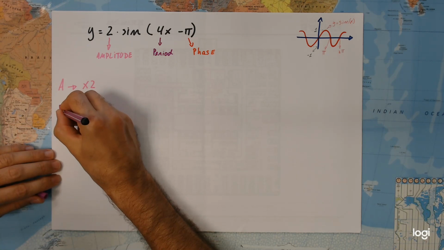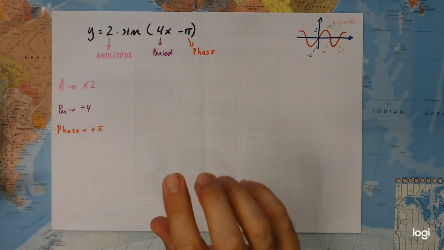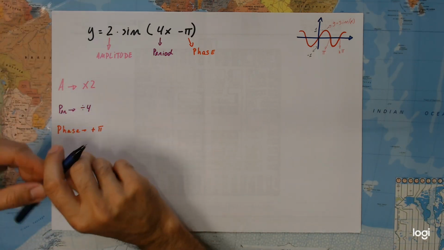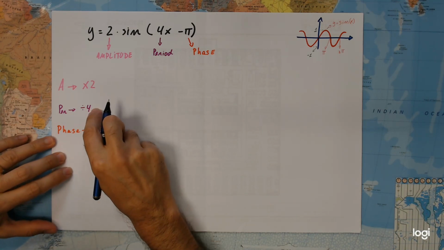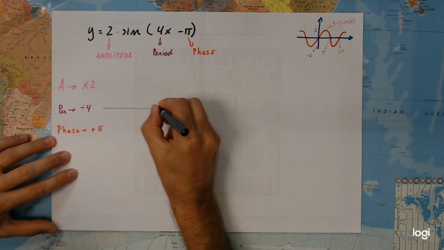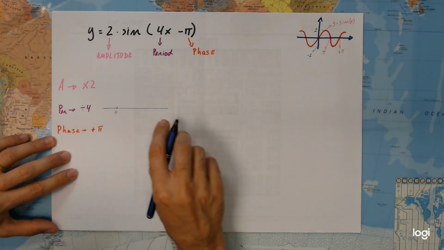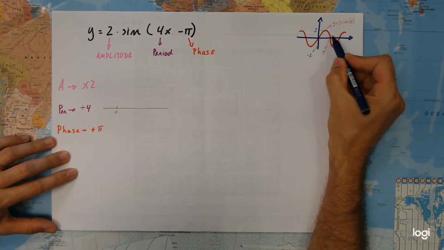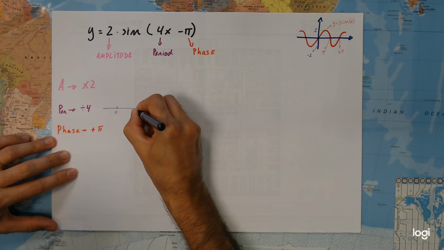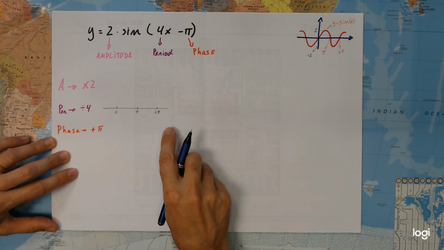This is our period, okay? And this is the amplitude. Well, once we know that, the next part that we do is this. If our period is going to be divided by 4, I just like to put in here what happens. What are those steps? 0, pi, 2 pi. I'm just going to write those in here. 0, pi, and this would be 2 pi.